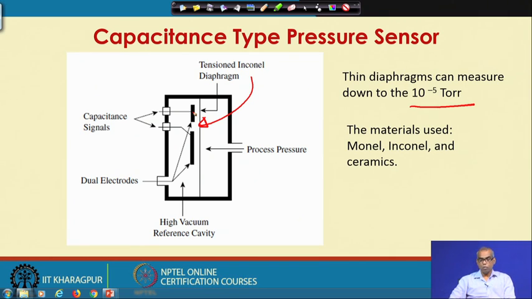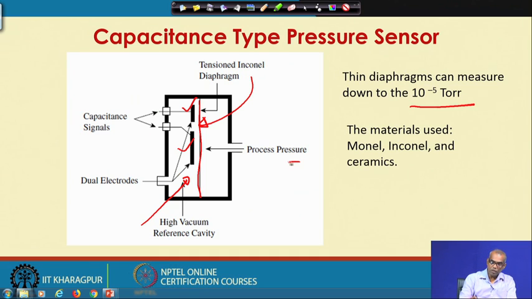The materials used for making the diaphragm are Monel, Inconel, ceramics, etc. Note that you have electrodes here, and this is the thin tensioned diaphragm. This part, let us say we keep under high vacuum.